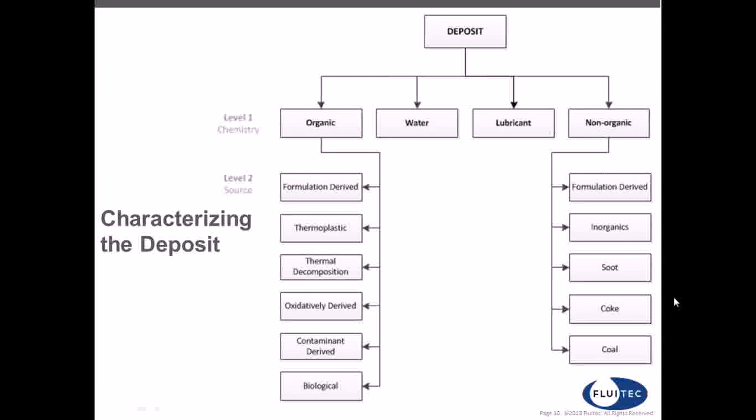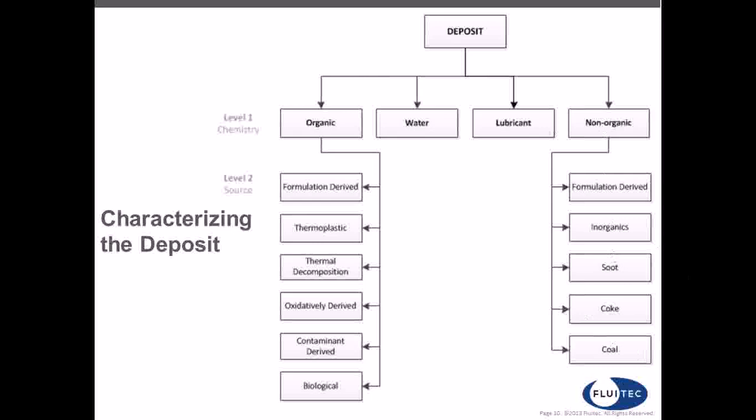Then we have three different categories that are all quite similar: soot, coke, and coal. These are all carbonaceous products, and again, we classify them as non-organic because they do exhibit non-organic-like behavior. Soot we classify as carbonaceous products that are less than a micron in size, and often we see soot particles much smaller than that.